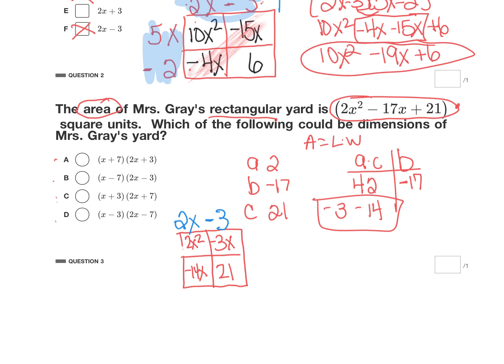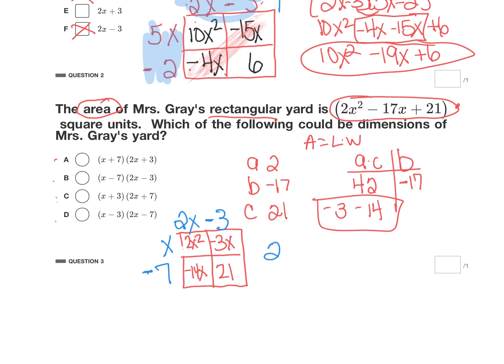You should already be able to find your answer, but let's keep on checking. So here's my row. What do they have in common? They have an x. And then last, negative 14x and 21, well, they have a 7 in common, and because that first box is negative, it's going to be a negative 7.